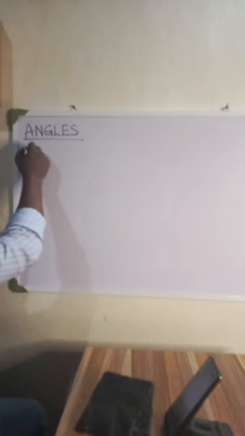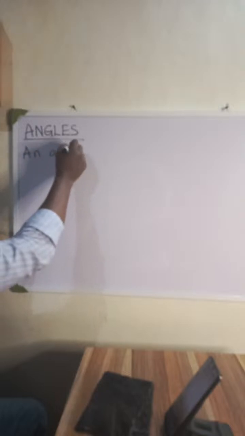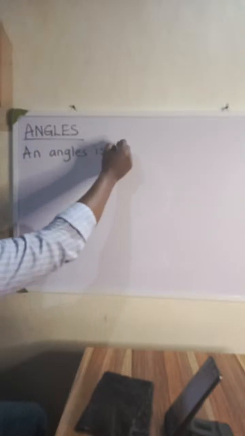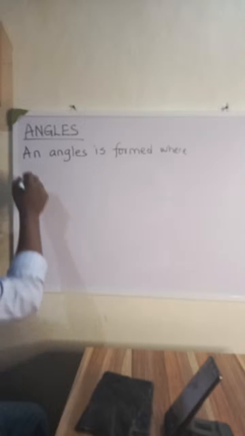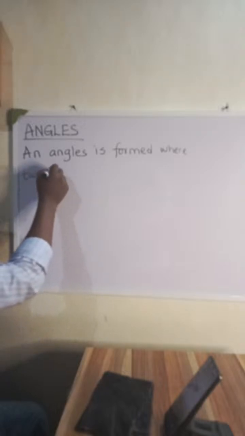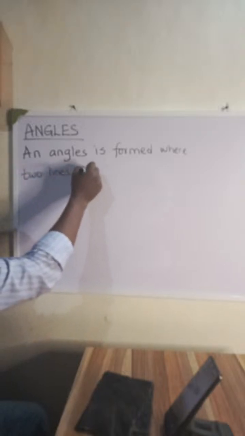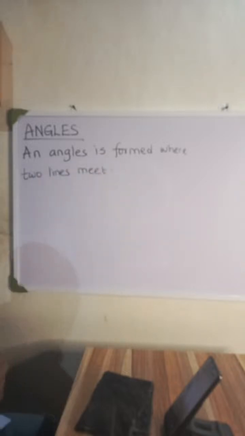An angle is formed where two or more lines meet.